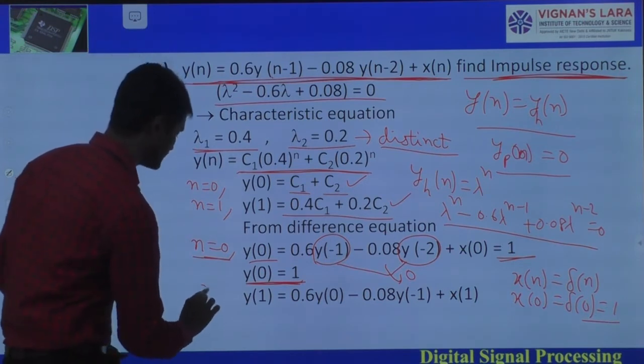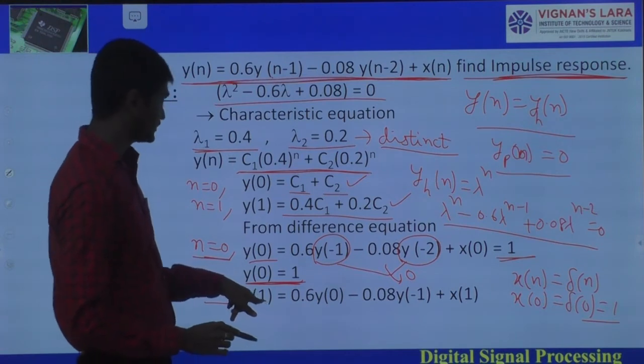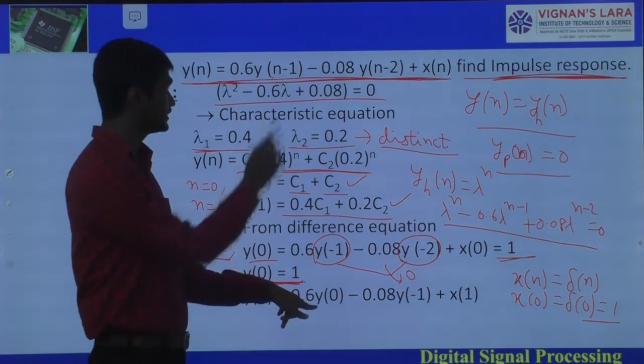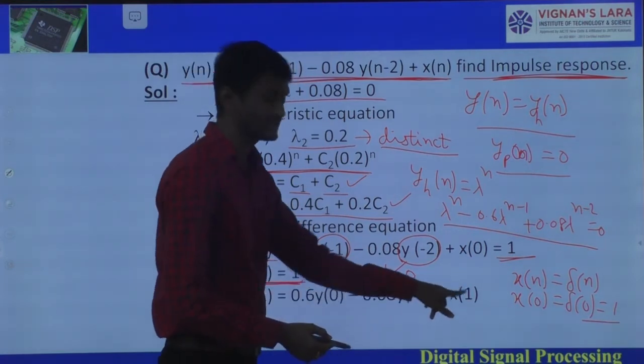Next, apply n equals 1 in the above difference equation. Then y of 1 is equal to 0.6 y of 0 minus 0.08 y of minus 1 plus x of 1.